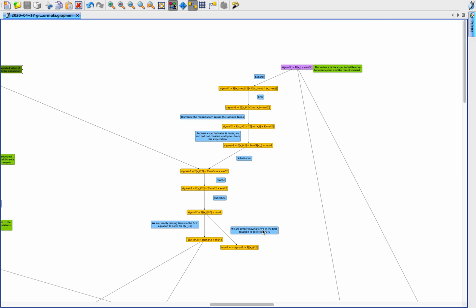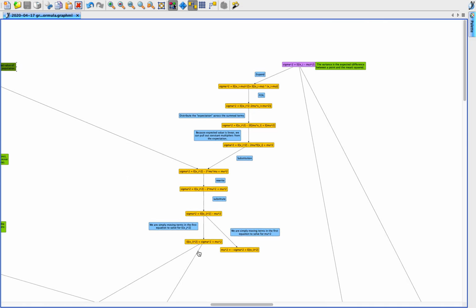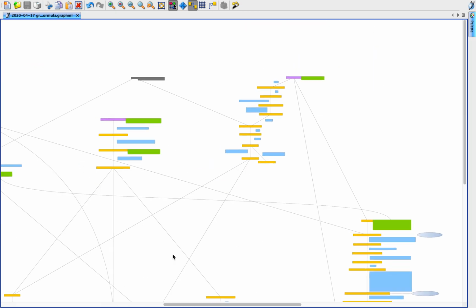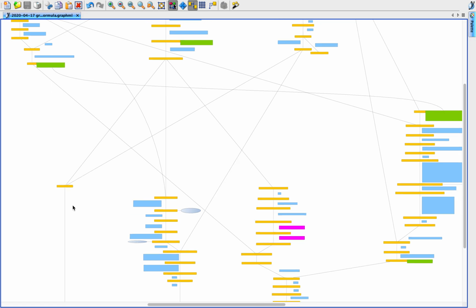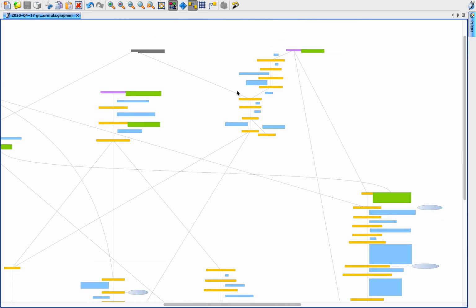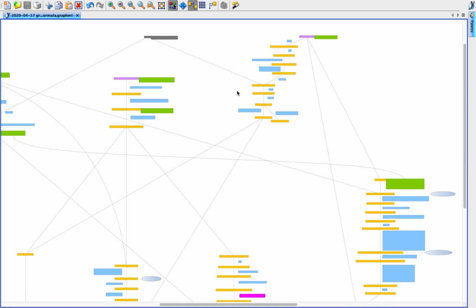We are trying to get ultimately to the expected value of x_i squared, which is going to be important for substitution later. We want to do it now.